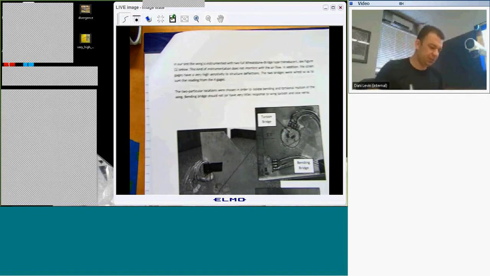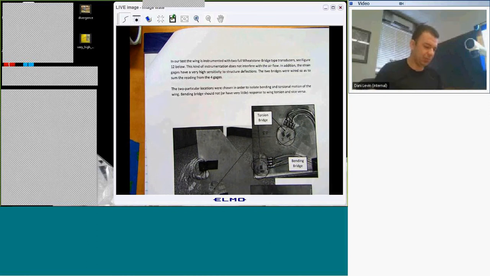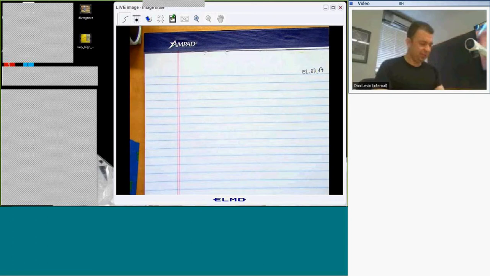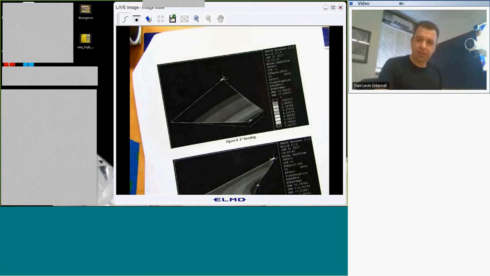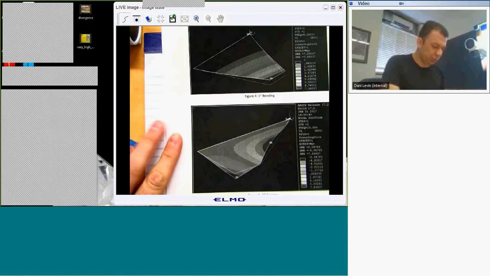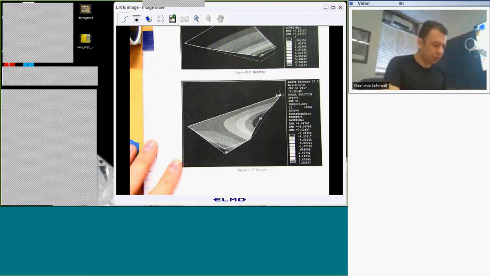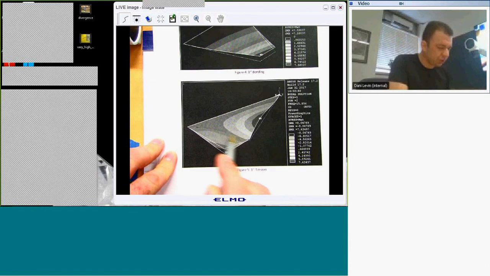Yes, this one, the bending, is really easy to see, but the torsion is more subtle. If you look at the torsion mode, you see here is the nodal torsion line. This is the line that the wing will twist around.